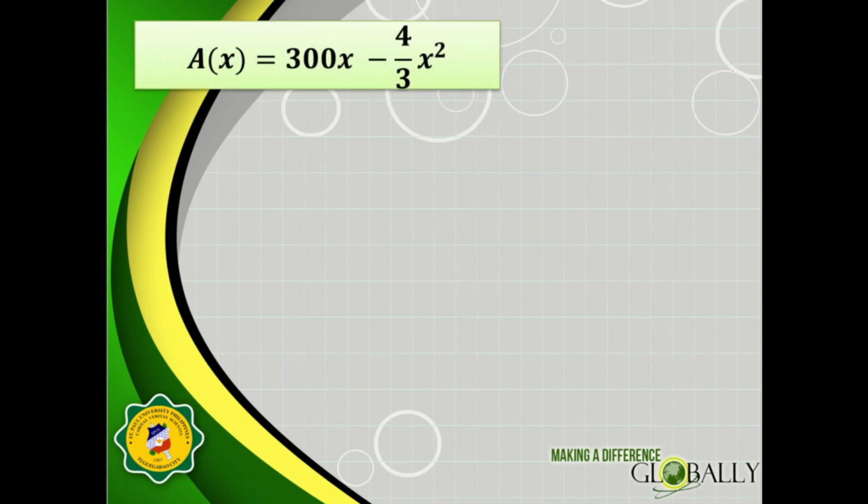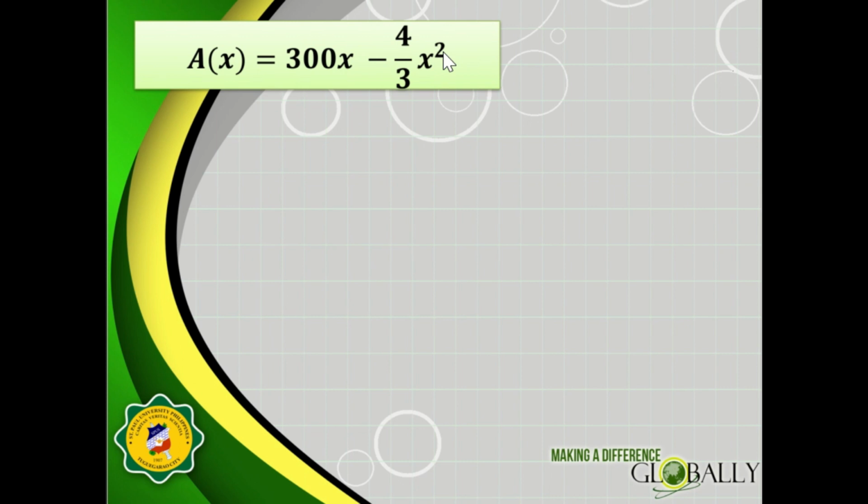So using this equation, again, our first step is to find the critical value of this function by getting its derivative. So what is the derivative of 300x? It's 300. How about the derivative of negative 4 thirds x squared?